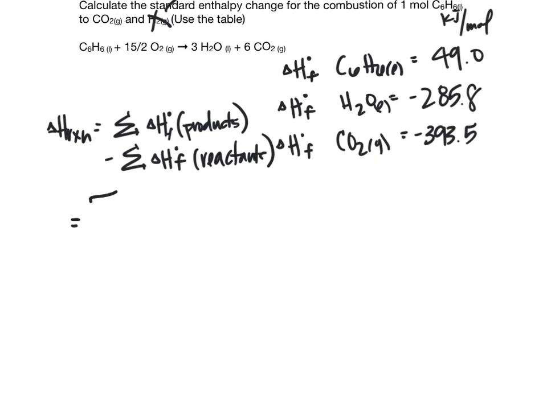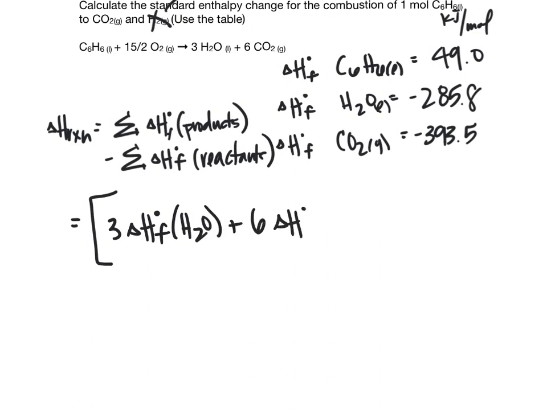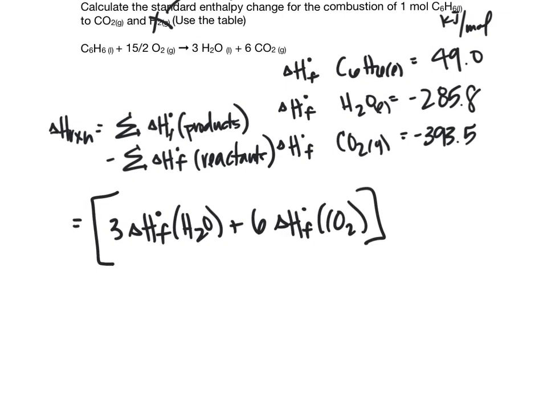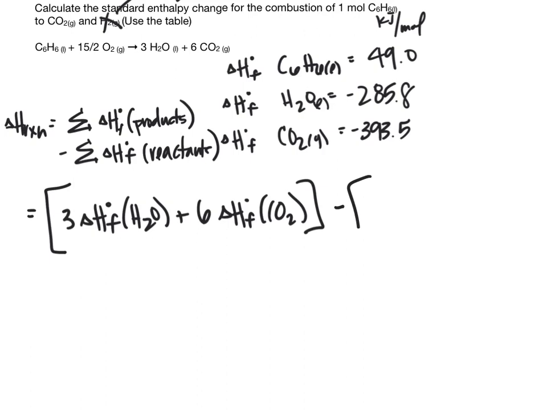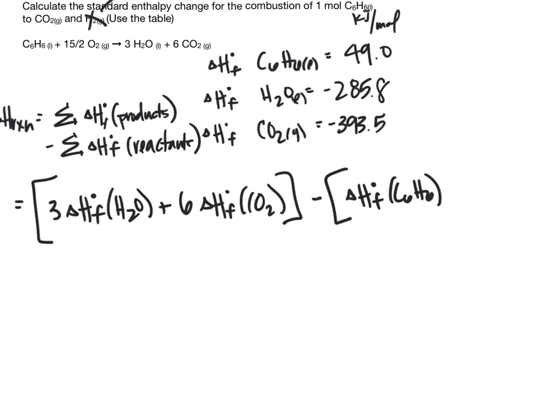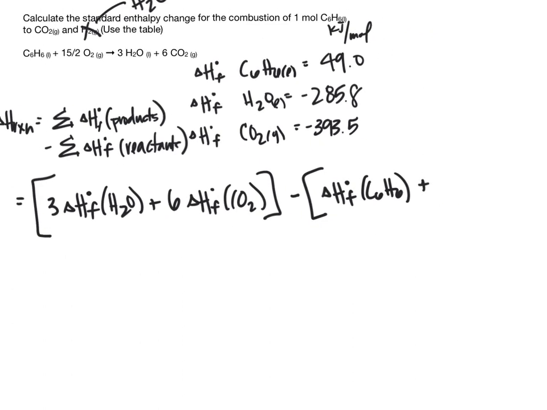It's going to be the products: 3 times delta H naught F of H2O plus 6 times delta H naught F of CO2, minus the delta H naught F of C6H6 plus 15 halves of the delta H naught F of O2.